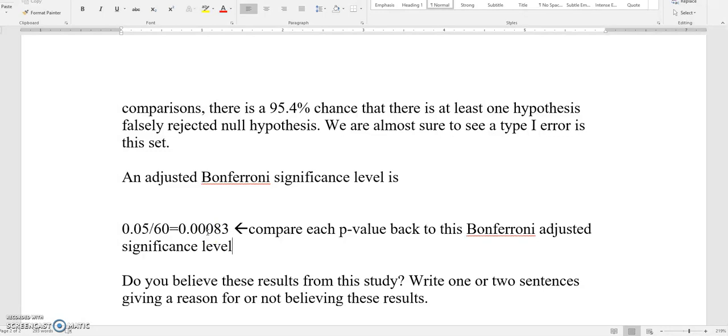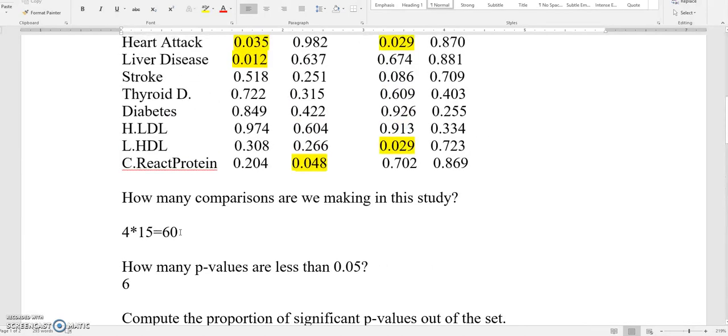And this will take into account that we're doing 60 inferences at the same time, 60 tests at the same time, and we'll reduce this risk because this is too high, 95.4. So it will keep that at 5% rather than 95.4%. So this is a very conservative test, by the way, so let's see what happens. Okay, so 0.0008, more or less.